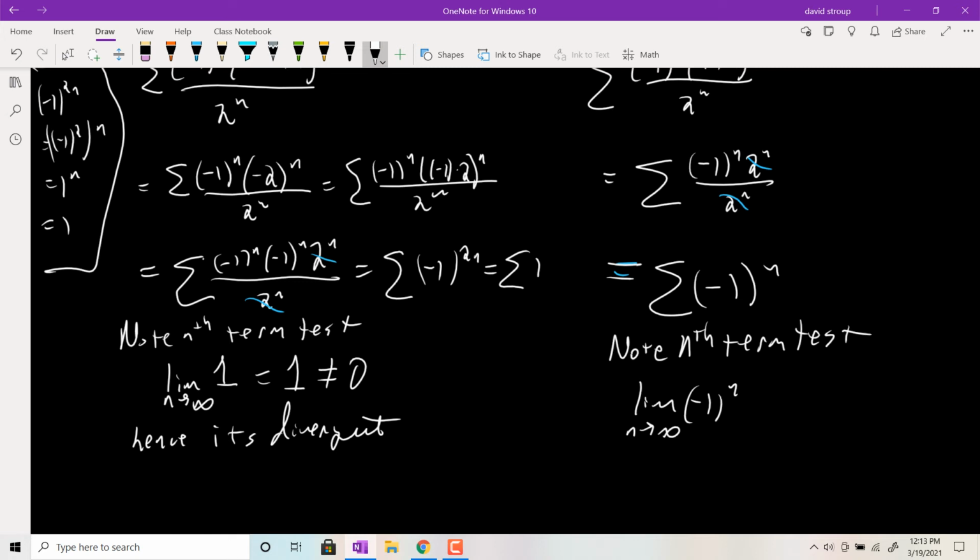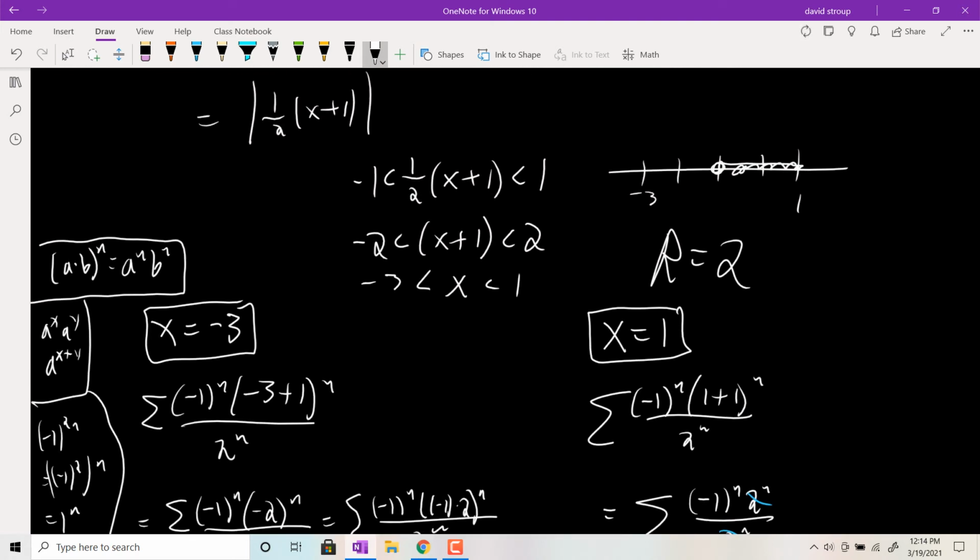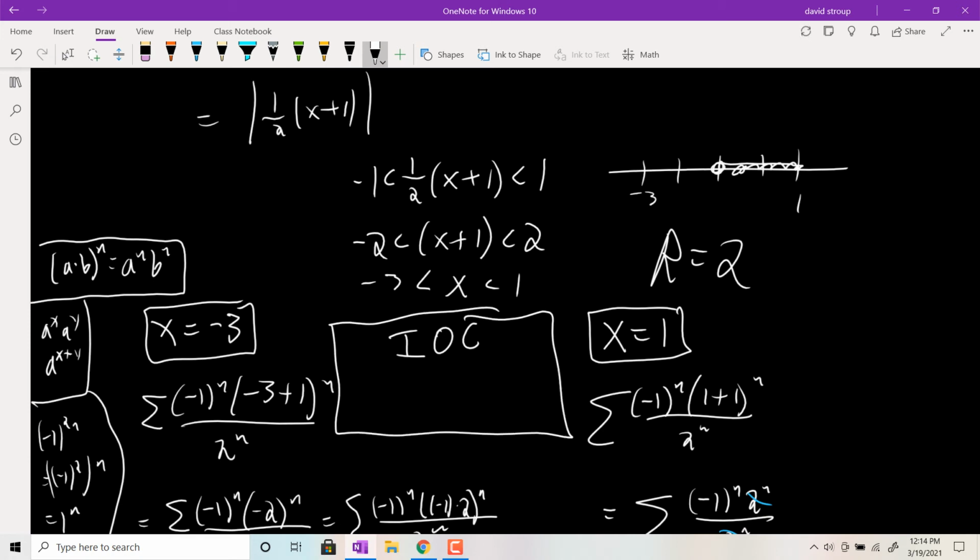In other words, this limit does not exist, so it does not equal 0, and hence it's also divergent. So this series only has convergence on the interior. The interval of convergence, or the interval of usefulness, will just be the open interval from -3 to 1.